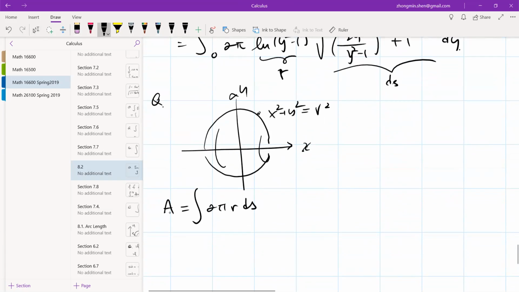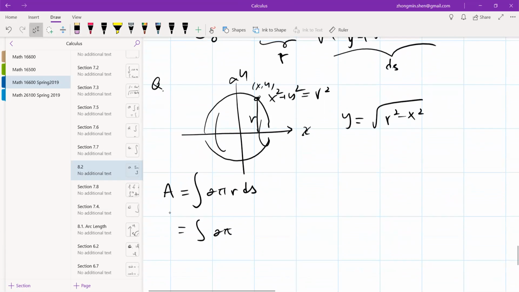So if you use this point and this is radius r, right? So use the x variable, then y is going to be the square root of r squared minus x squared, okay? So the radius is going to be y.